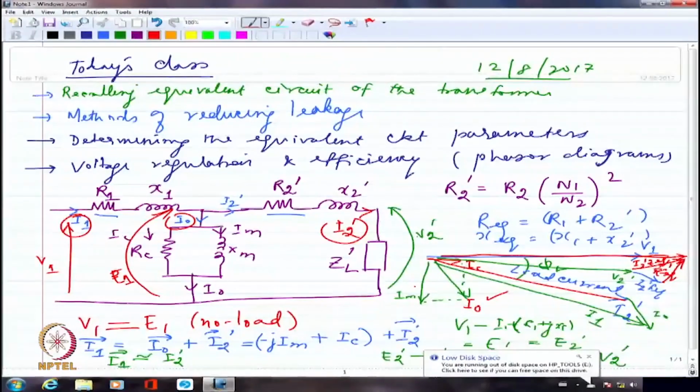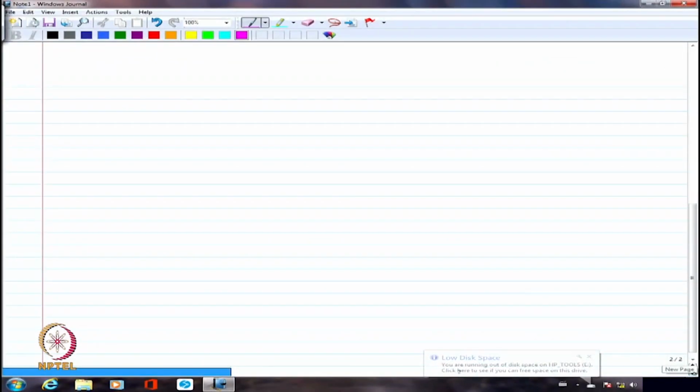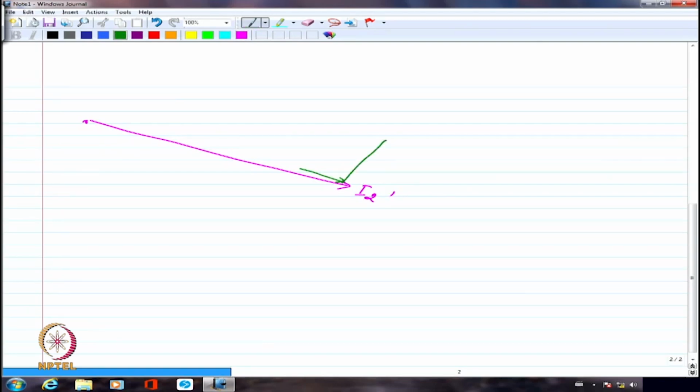Look at them individually. Let me probably draw this portion slightly expanded here. This was my I2, right? What I drew as I2 dash times R2, let us say I draw like this. I2 dash times X2 is like this.